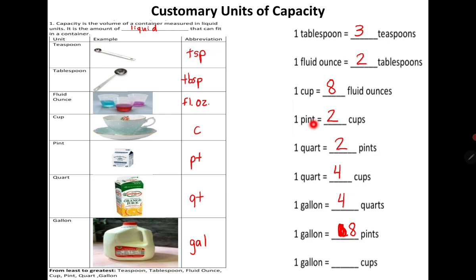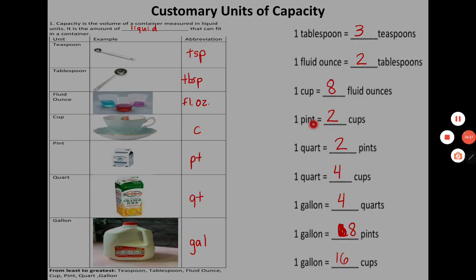Sorry, if you wrote 2, make sure you erase it and write 8. So 1 gallon is 8 pints, so it would take 8 small cartons to equal 1 milk gallon. And then 1 gallon is equal to 16 cups, so it would take 16 teacups to equal 1 milk gallon.